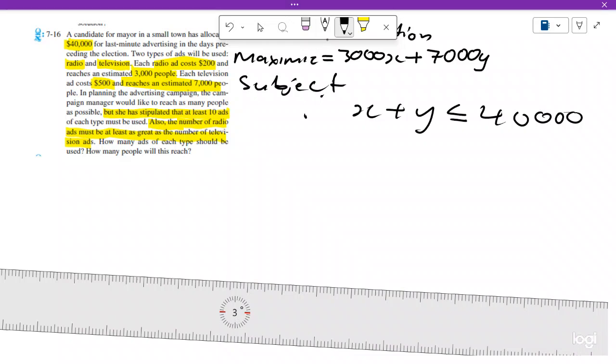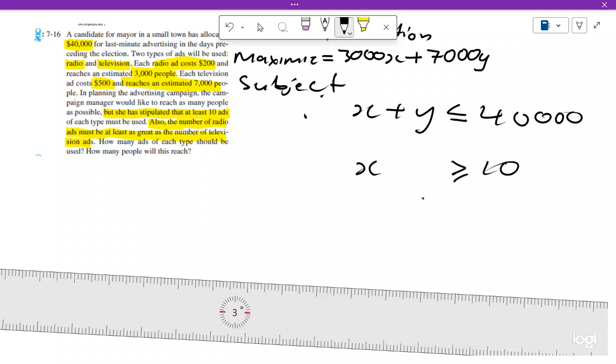Then it is stated that your x will be at least, a symbol is represented in this way, at least 10.